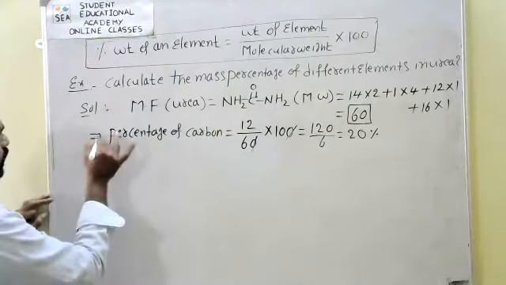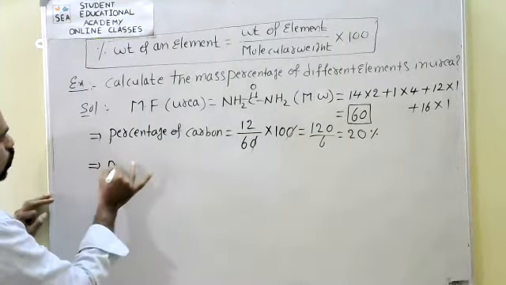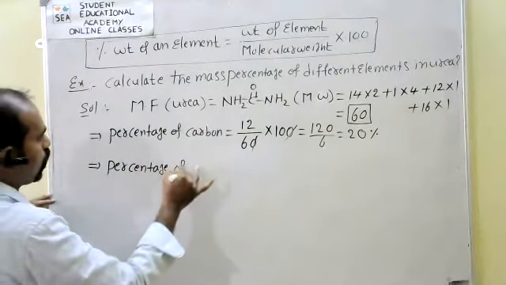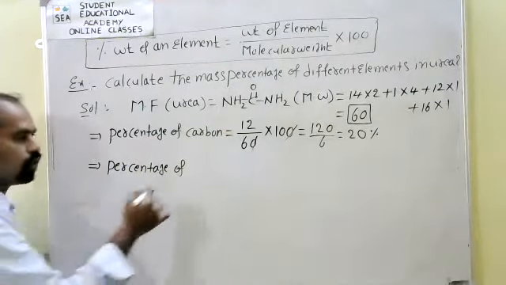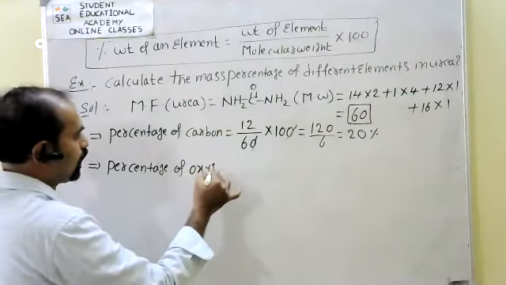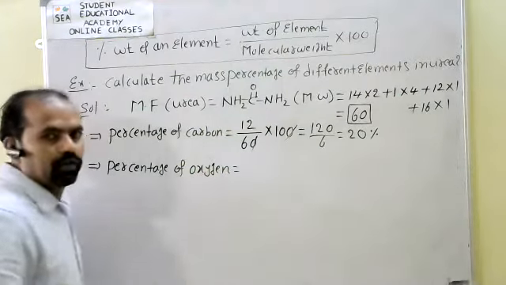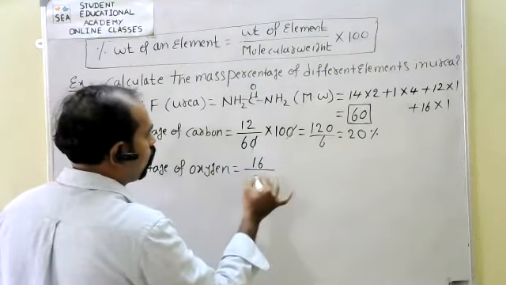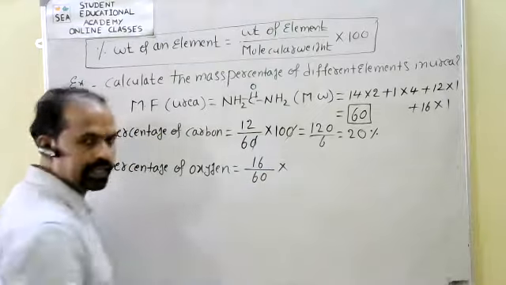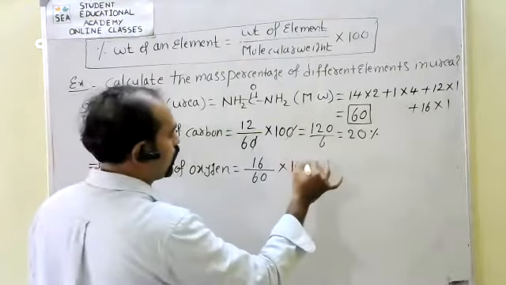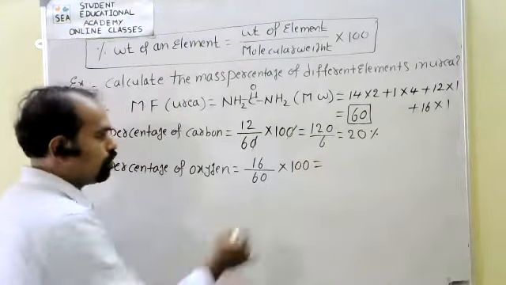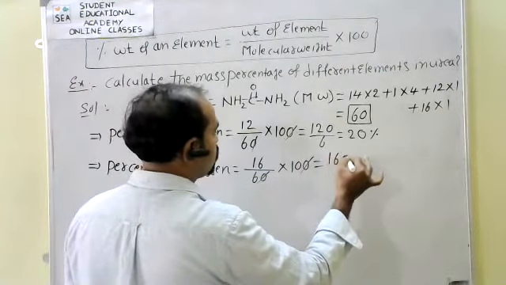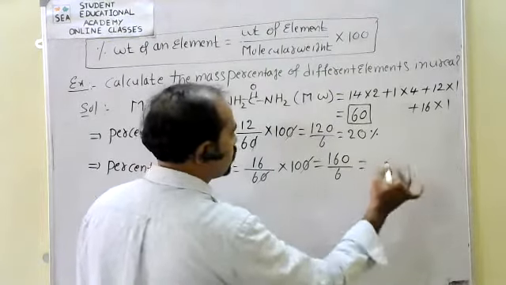Like that, calculate the percentage of the remaining elements. What about oxygen? The atomic mass of oxygen here is 16, upon molecular weight 60, into 100. The zeros cancel here, so it is 160 by 6.